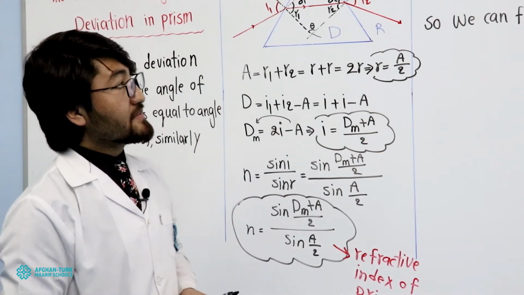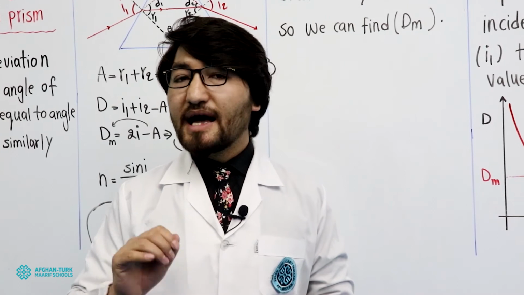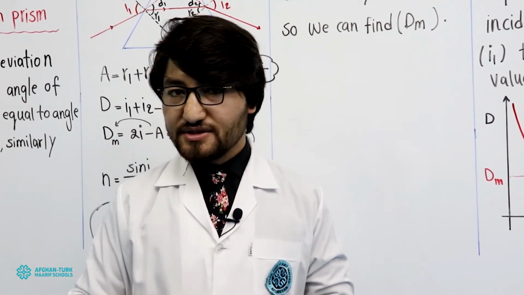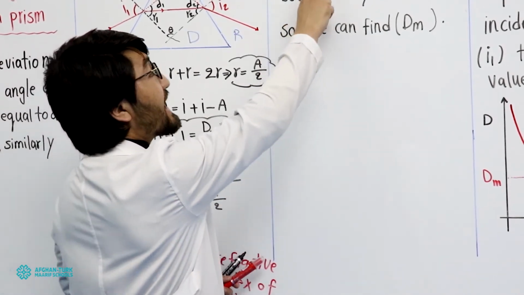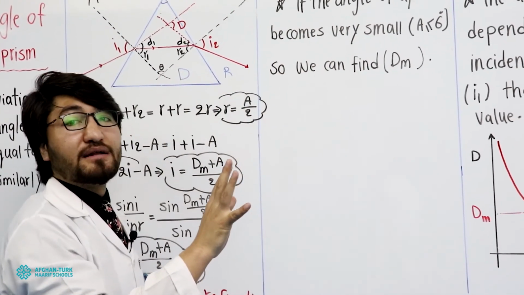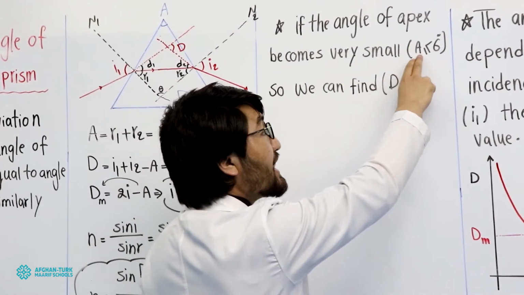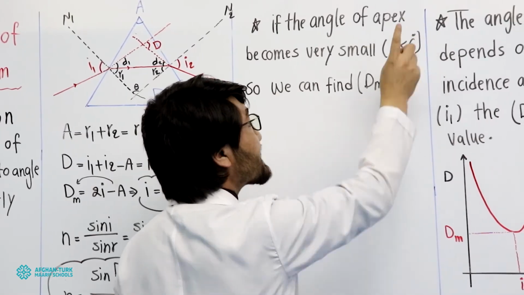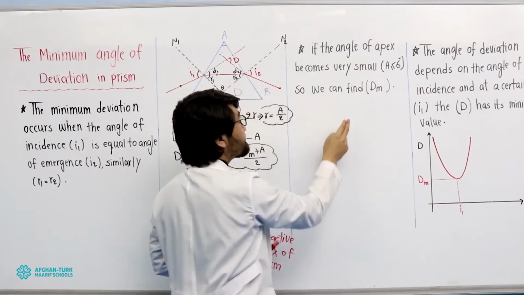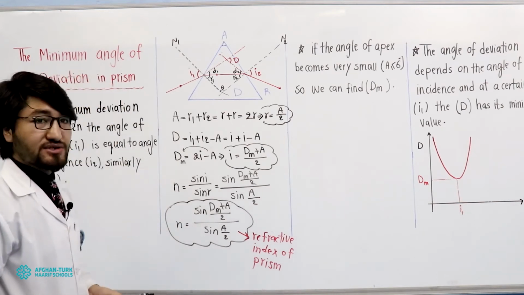Now, let me show you how to find the minimum angle of deviation. If the angle of apex becomes very small, it means A becomes smaller, we can find Dm, the minimum angle of deviation.